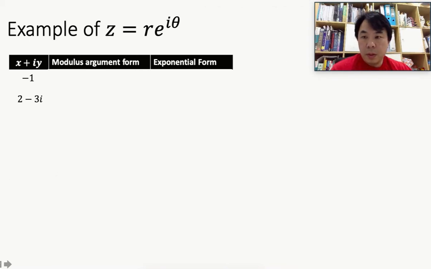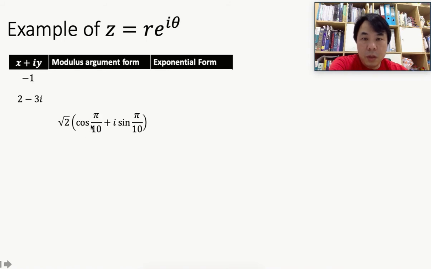Let's move on to the next example. Let's look at what we have here. Alright, now in this case, if we are given the modulus argument form, how do we represent that in its Cartesian form or in its exponential form? Right, now that will be much easier in this case, I would say.